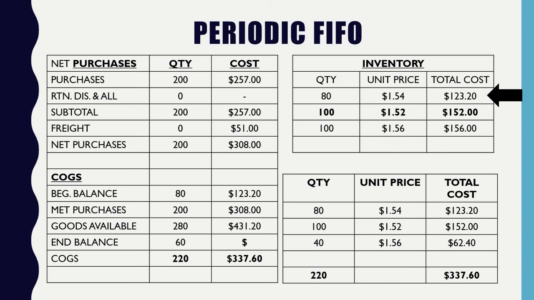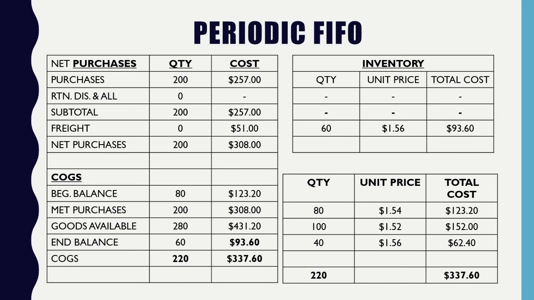And now, last things last. How do I solve for my ending inventory? You can do either, but a general rule of thumb to make it easier for you is, instead of calculating the cost per item and the quantity, just take your goods available, which is the $431.20, and simply subtract out the $337.60 to get your grand total of $93.60.